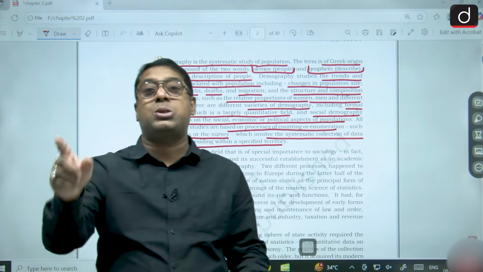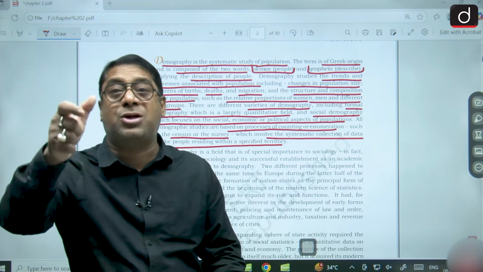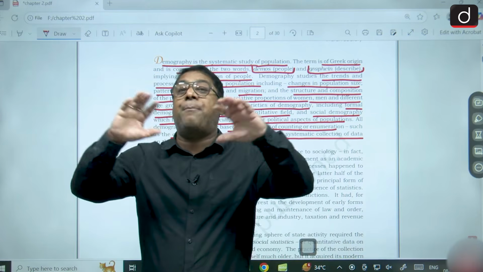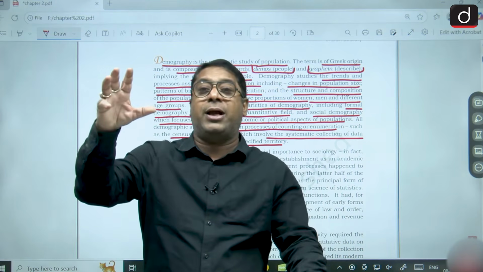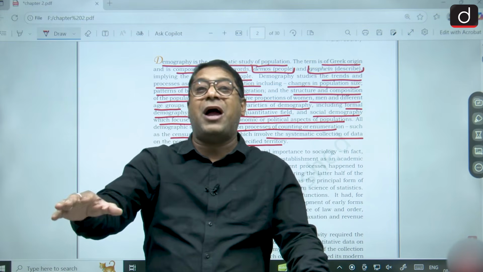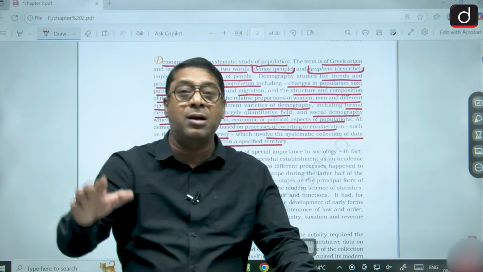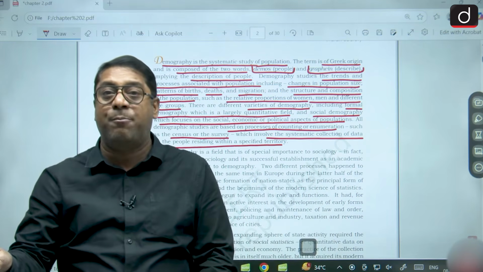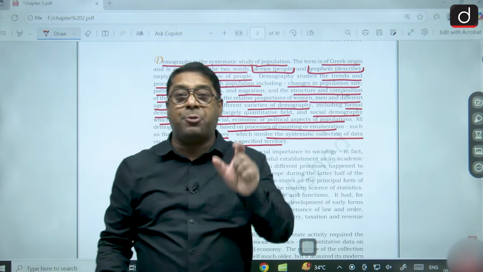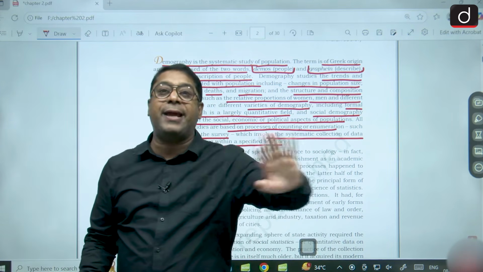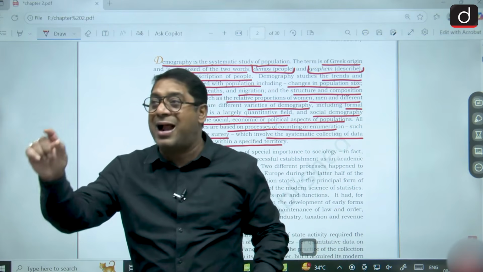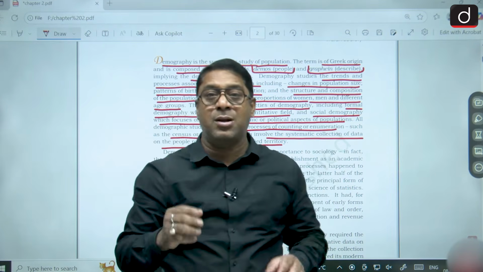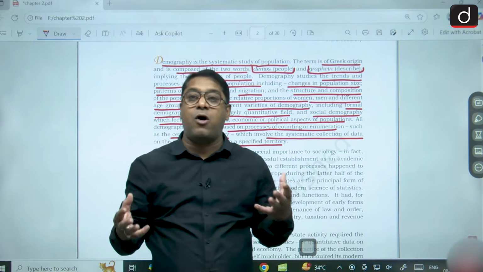But when it comes to a sample, only a part of the whole is taken into consideration. For example, in India, say 65% of the population is men. That means out of every 100, 65 persons are men. In a sample, I'm not taking the entire 65%. Rather, out of that 65%, I will take 10%. That is what is called a sample.